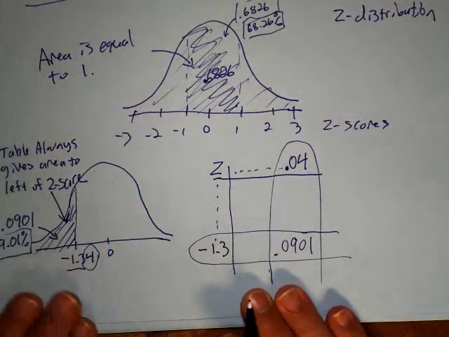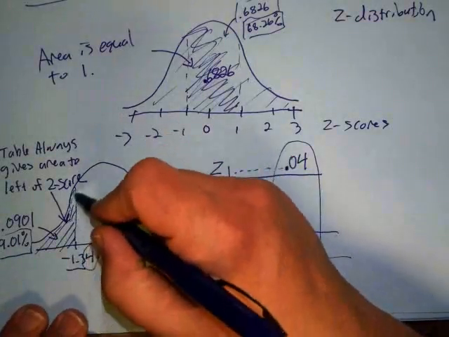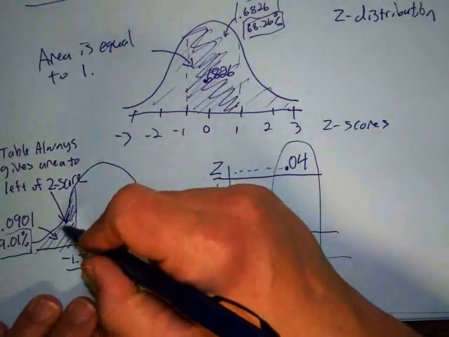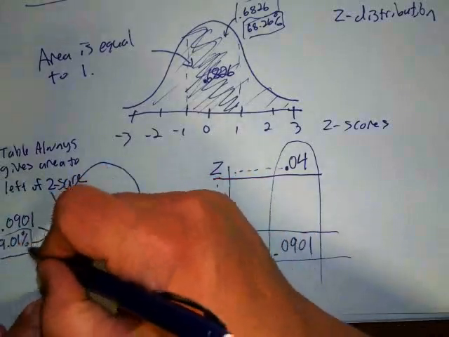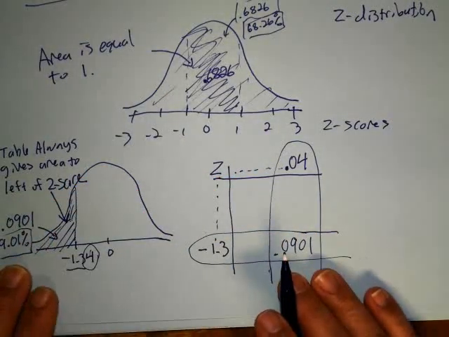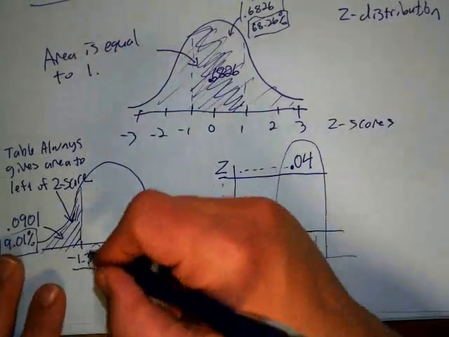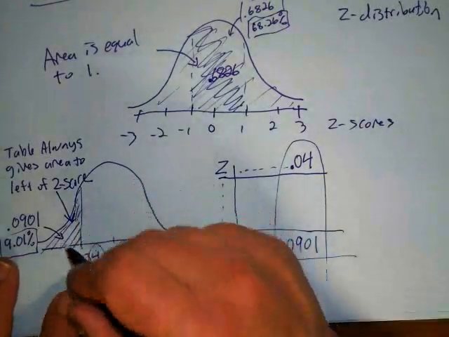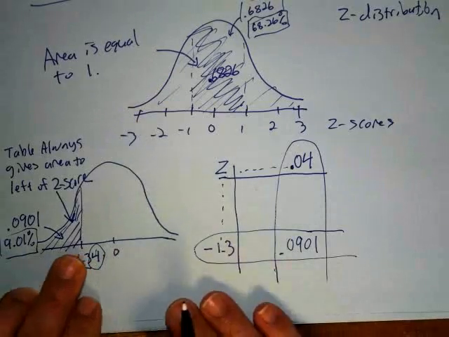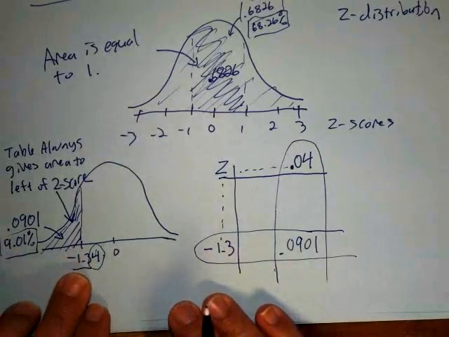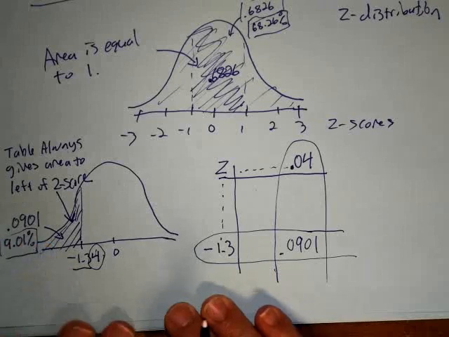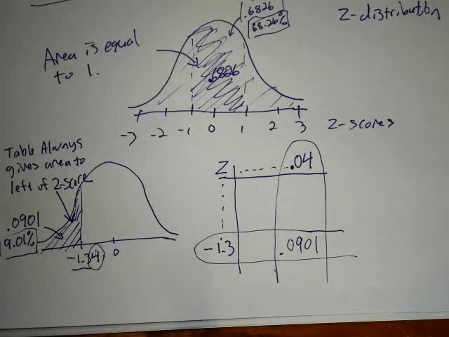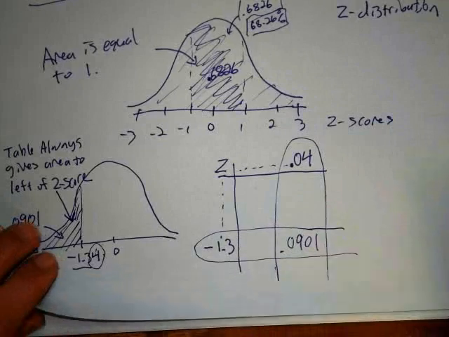So what that would mean is that the percentage of the population that has a z-score less than negative 1.34 would be like 9.01%. Or you can think of it as the probability of randomly selecting an observation from the population that has a z-score less than negative 1.34 would be 0.0901.